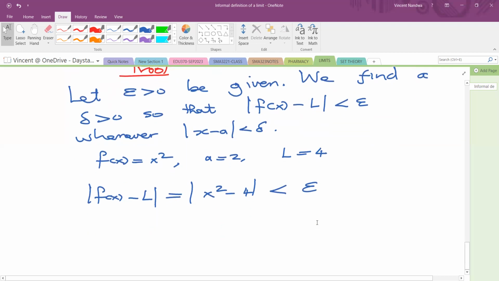And then we know that x squared minus 4 is a difference of two squares, so we can write it as x minus 2 times x plus 2, and the absolute value of this is less than epsilon.